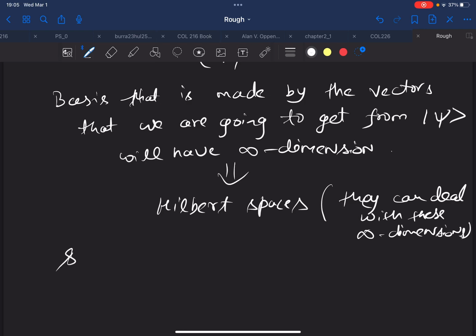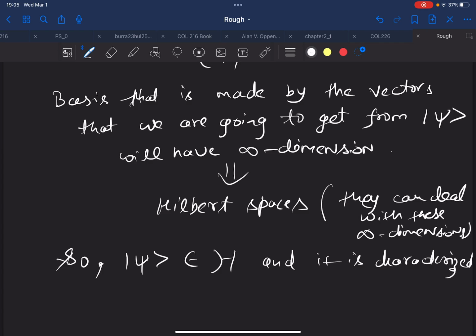So till now we have concluded that a quantum system is denoted by a state psi which belongs to the Hilbert space H, and it is characterized by certain observables in the system.